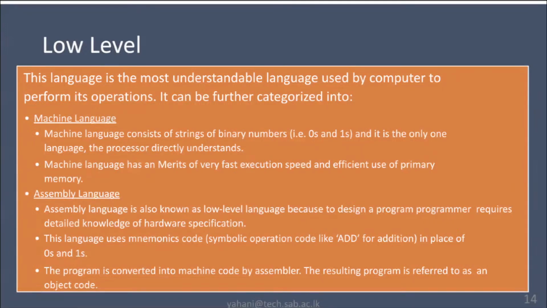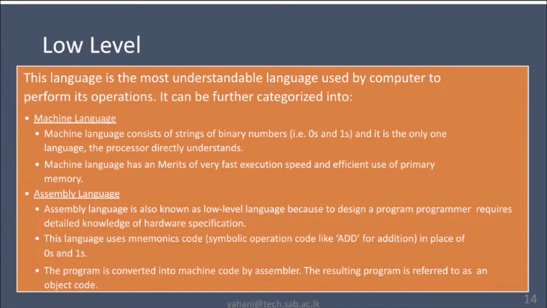This language is the most understandable language used by a computer to perform its operations. That means low level languages can be understood by the PC or computer easily. That means they come in ones and zeros.